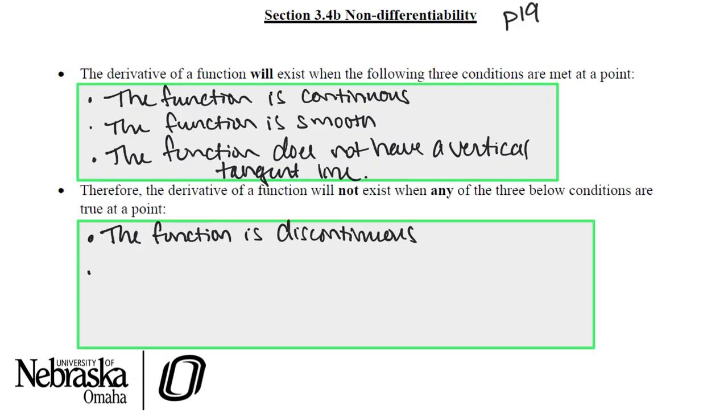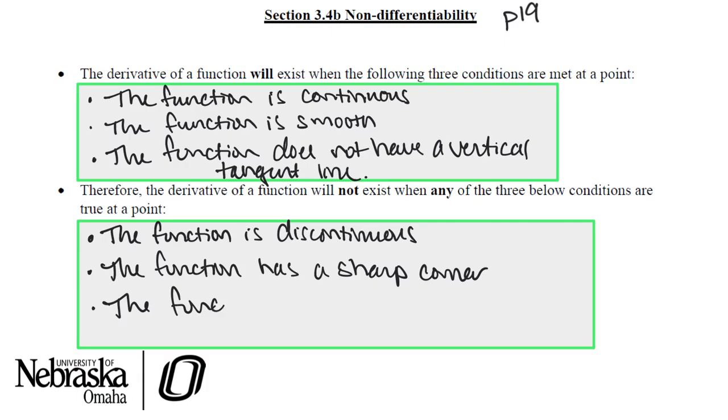It will not exist when the function has a sharp corner. And then lastly, if the function has a vertical tangent line, the derivative will not exist.